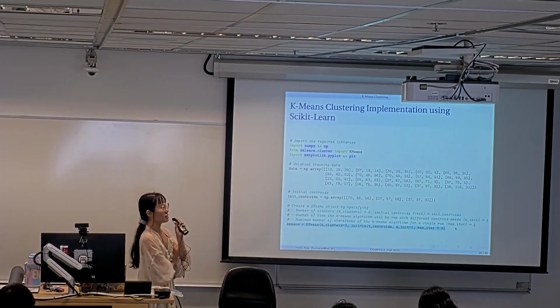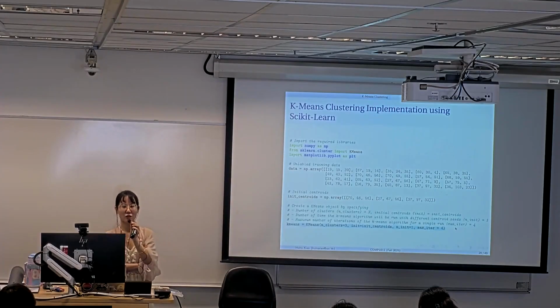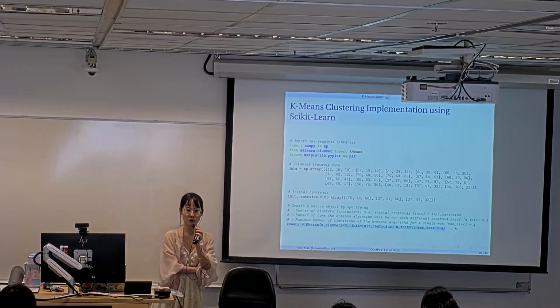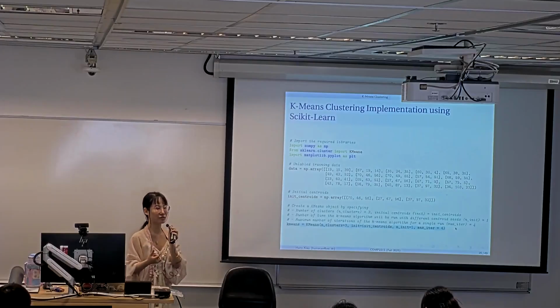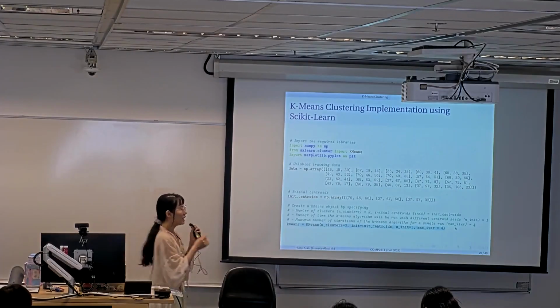If we choose a different set of initial centroids, the resulting membership can change eventually. So the algorithm is very sensitive to initial centroids.